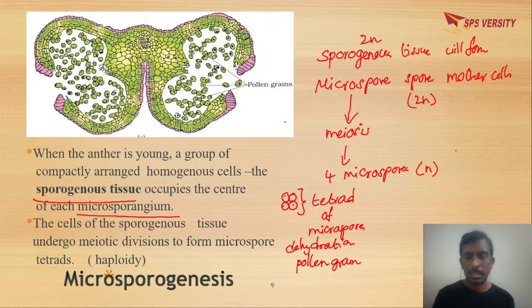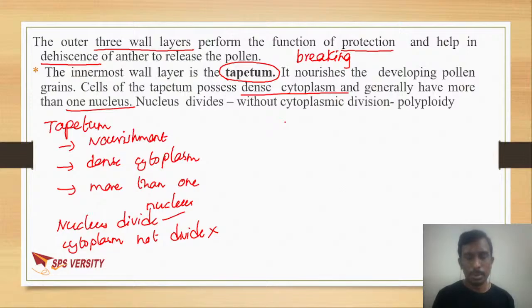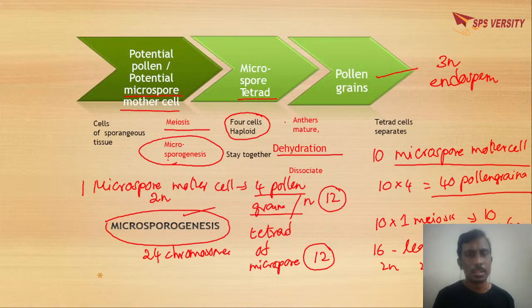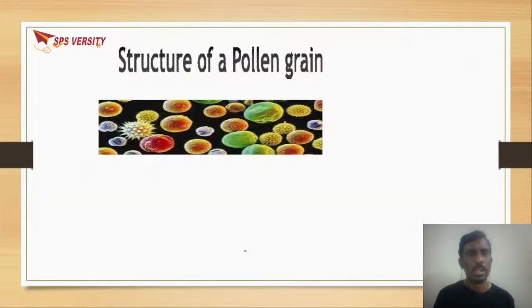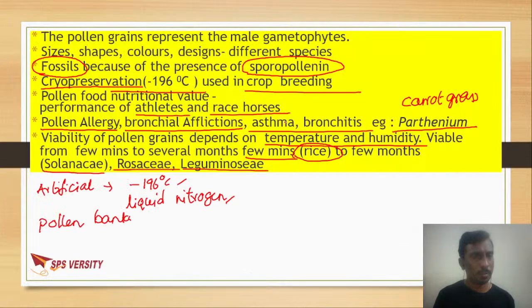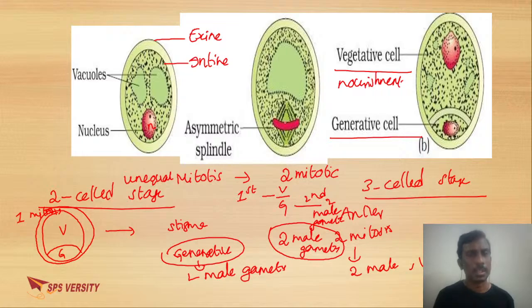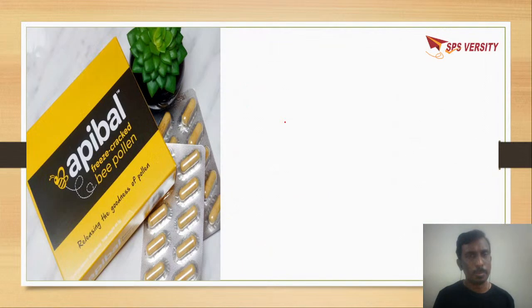These are the terms you should remember in the androecium part: the structure of stamen, the development of pollen, the structure of pollen grain, and the uses of pollen grain, as they are used as food supplements since they are rich in food. The vegetative cell is rich in food.